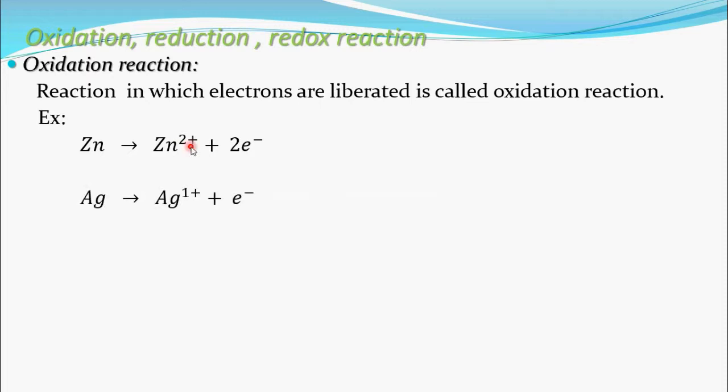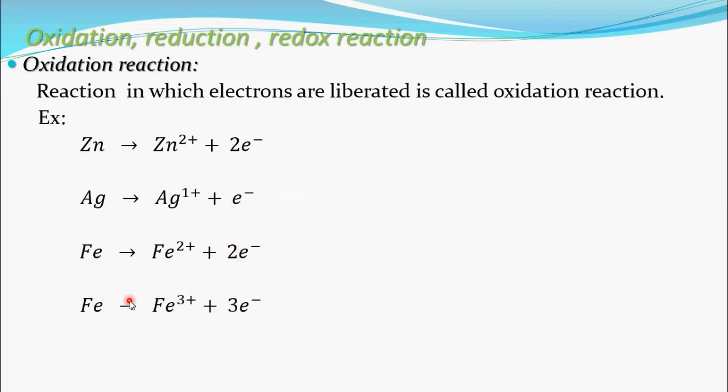See one more example, oxidation of silver: Ag gives Ag+ and 1 electron. One more example: Fe gives Fe2+ and 2 electrons. This is oxidation of iron, and 2 electrons are liberated.